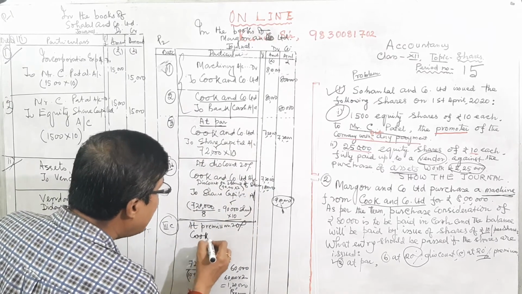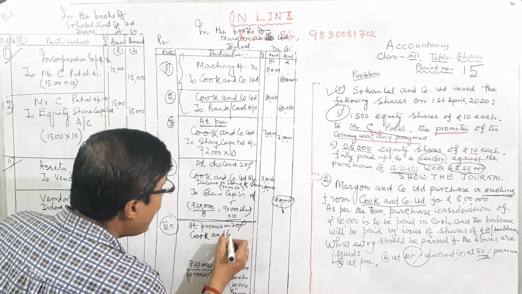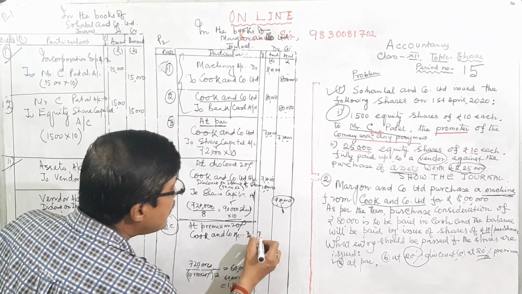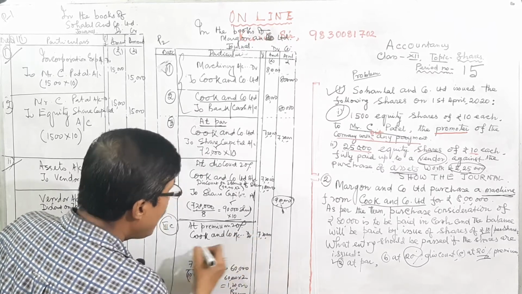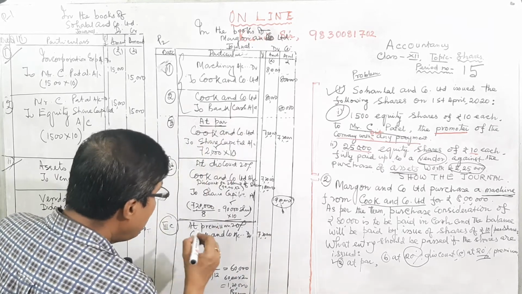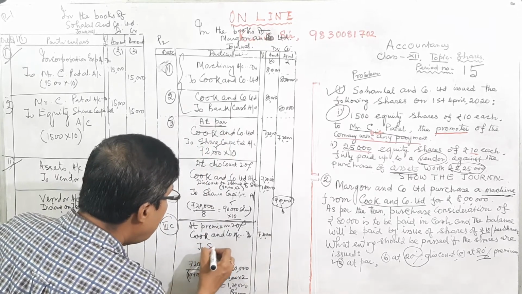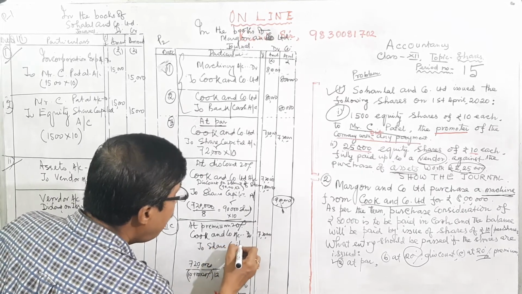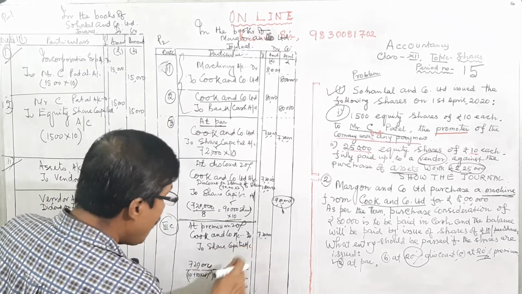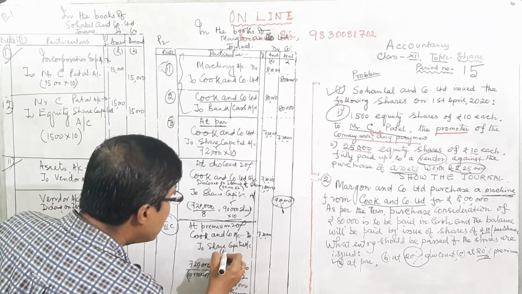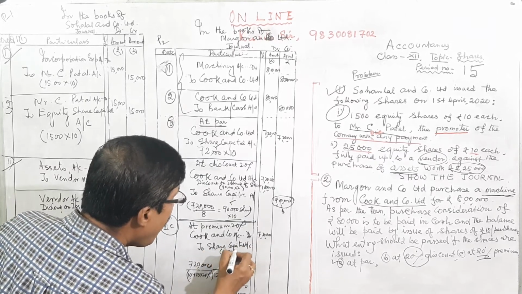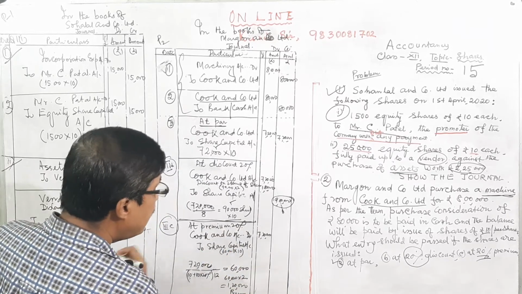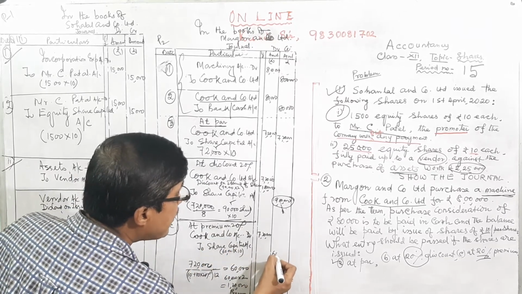Cook and Company account is debited for the balance. We are paying off by giving share capital. How much share capital? 60,000 shares at a face value of 10, that is 6 lakh.